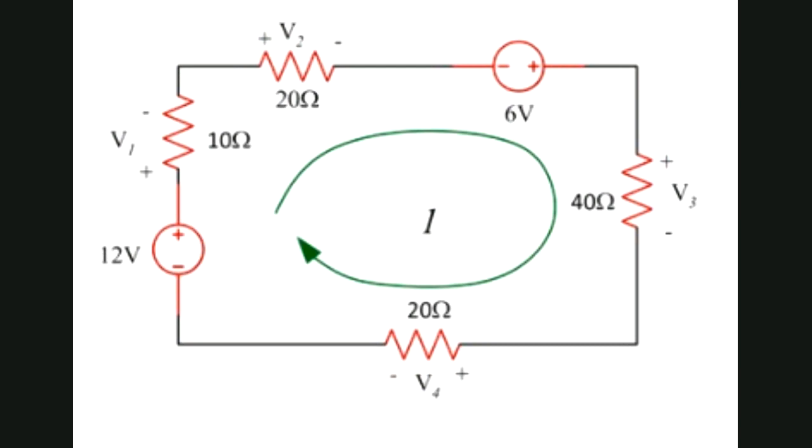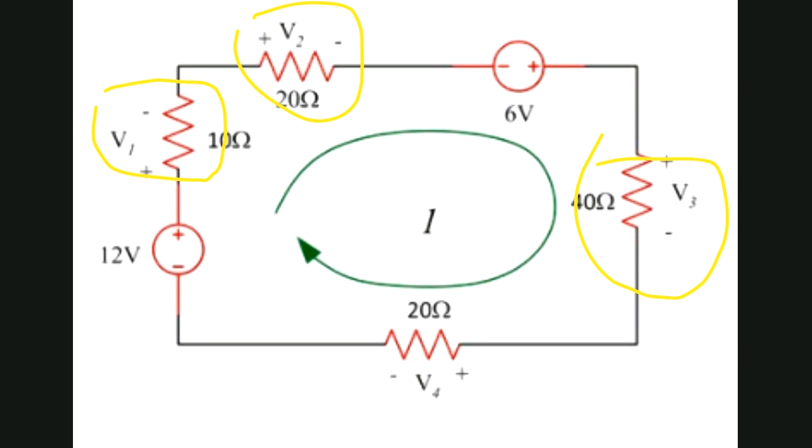V1 you have to calculate, V2, V3. What is V1? V1 is the voltage across the 10 ohm resistor.